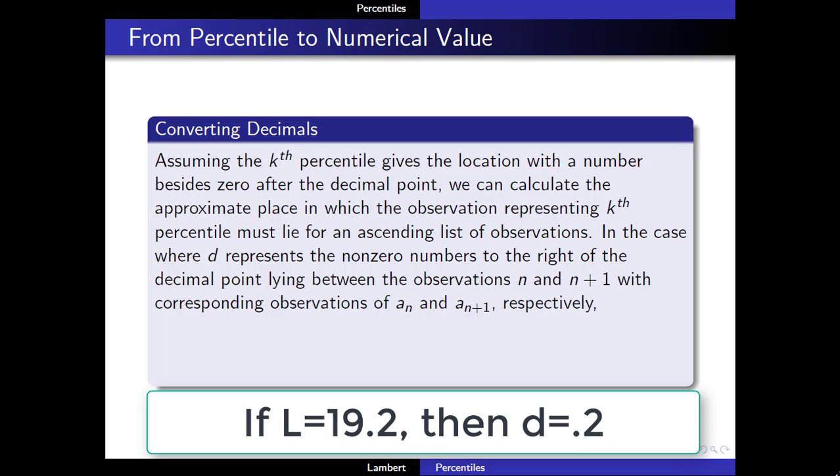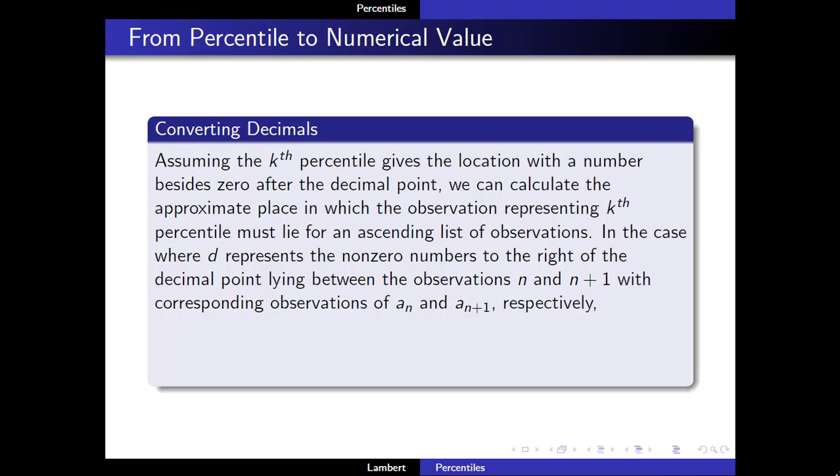As I mentioned before, we had 19.2. The 0.2 would represent D in that case. And if you're looking at the non-zero numbers to the right of the decimal point, let's say a sub n and a sub n plus 1 are the two values that it's in between, respectively. So if it's an ascending list, it's in between those two numbers.